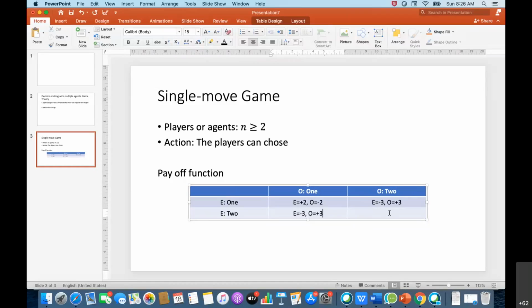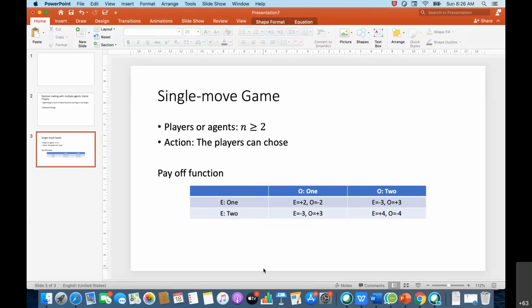When both choose 2, then E is going to gain 4, whereas O is going to lose 4. So this is according to the strategies and the given options.